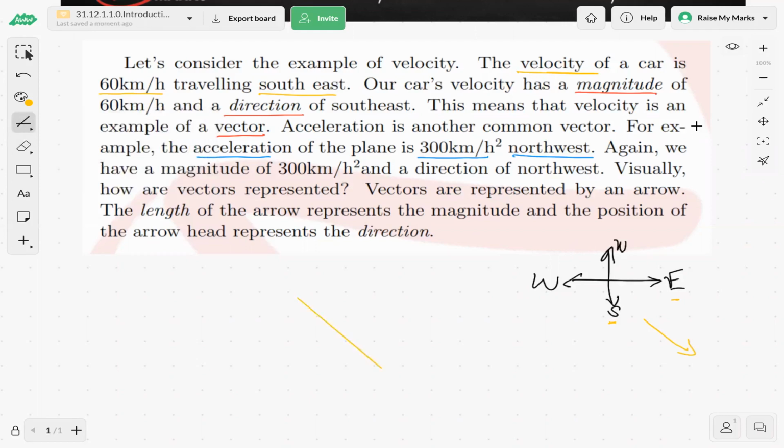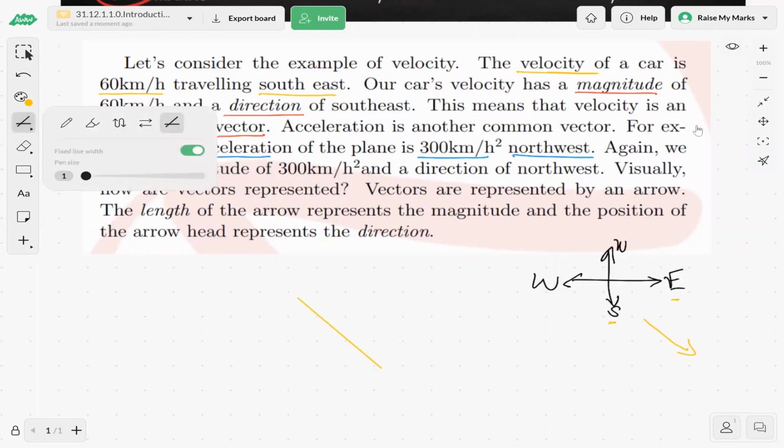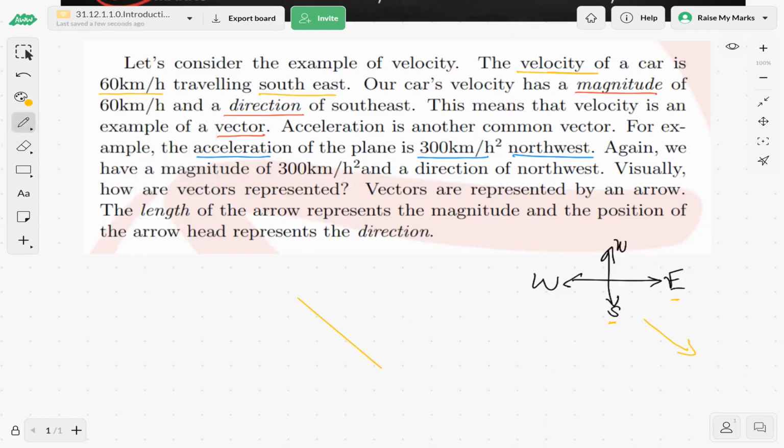I can't quite measure it, but let's say this is our velocity. Let's call it V. And it represents this 60 kilometers per hour southeast.